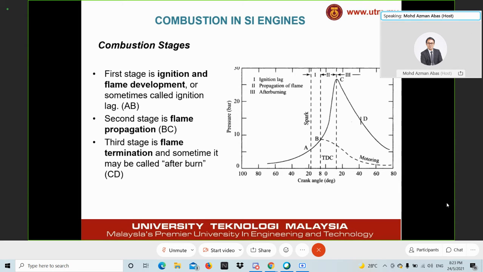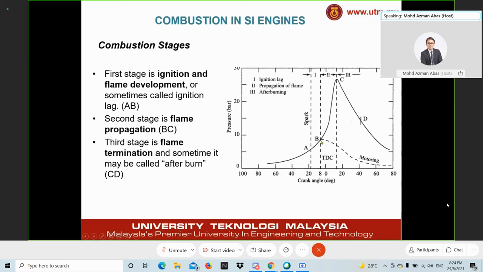But after A, the combustion starts to happen. During phase 1, ignition and flame development, the pressure slightly increases from A to B. This A to B is what they call ignition delay or ignition lag.